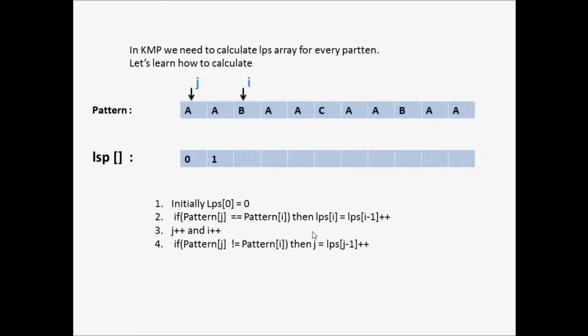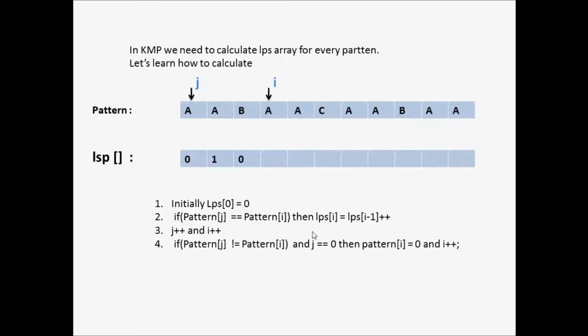So now j goes to the 0 index. Now we check, is it equal? No, and j is already 0, so we do i plus plus.